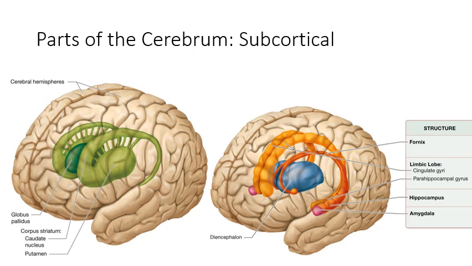This large orange structure is the hippocampus, and then the little pink ball at the end of it is the amygdala right there. So the hippocampus would basically be wrapping around the outside of the striatum right here. And again, the hippocampus is involved with learning and memory, and the amygdala is involved with emotions.